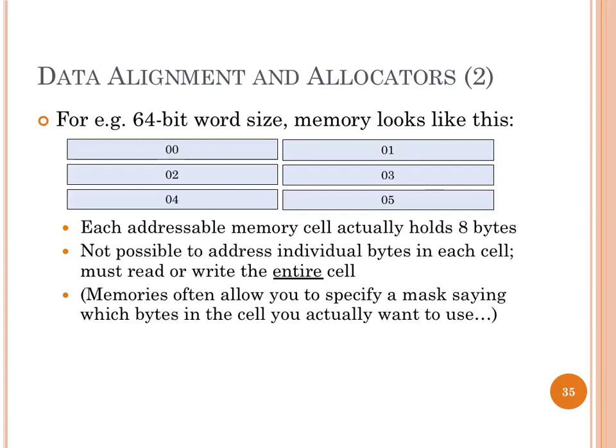Now, you're always interacting with these 8-byte cells, but the nice thing about the memory is that you can say, here's a bit mask saying which bytes I actually care about reading or writing. So if you want to do that 1-byte access, you can just set the bit for that 1 byte and access it. And that's how you can sort of fake that you're accessing only 1 byte, even though you're reading and writing 8 bytes at a time.